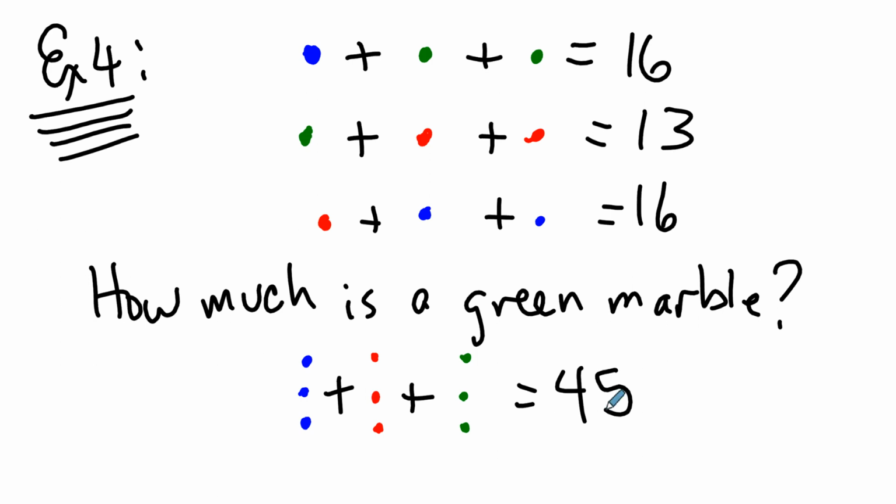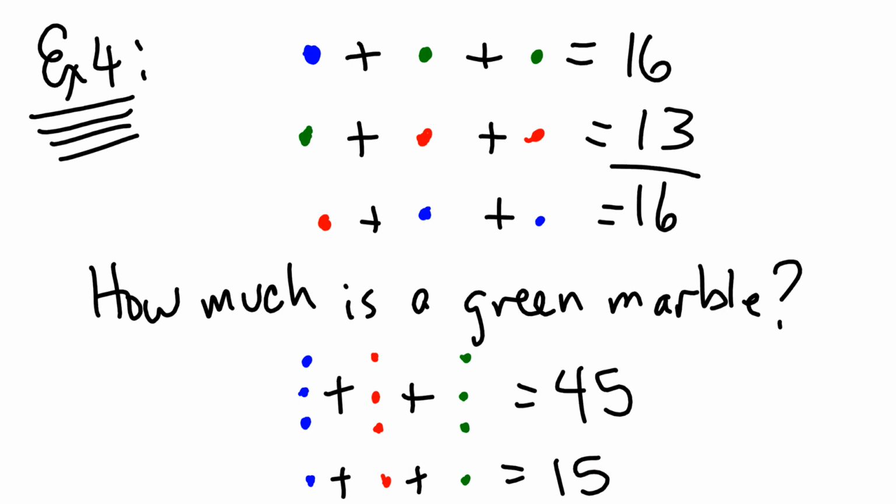That'd be 45. Well, that means that 1 blue marble, 1 red marble, and 1 green marble are together worth 15 points, right?